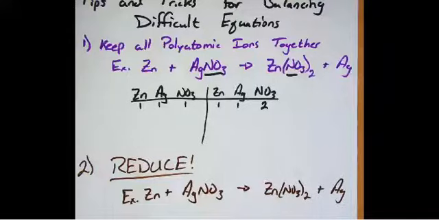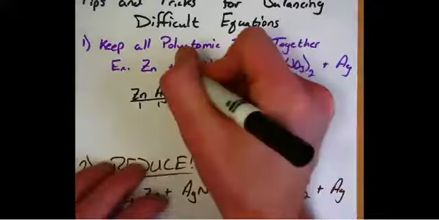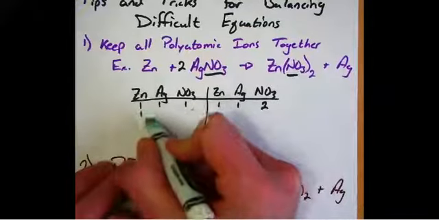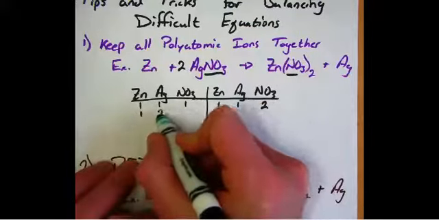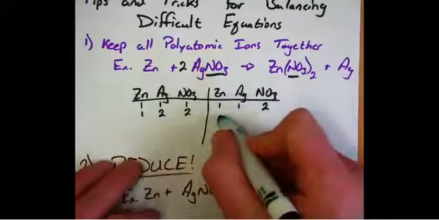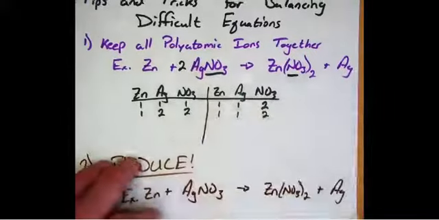Since we have 2 on the right, that means that we must get 2 on the left. Since we cannot change the subscripts, that means that we must change the amount of silver nitrate ions that interact with our zinc. And in order to do so, we're going to change the coefficient to a 2, which means that now, since we didn't change anything here, we're going to end up with 2 silvers, 2 nitrates on the left. We'll end up with 1, 1, and 2 on the right.